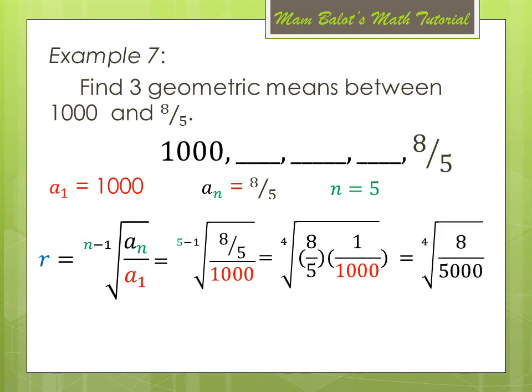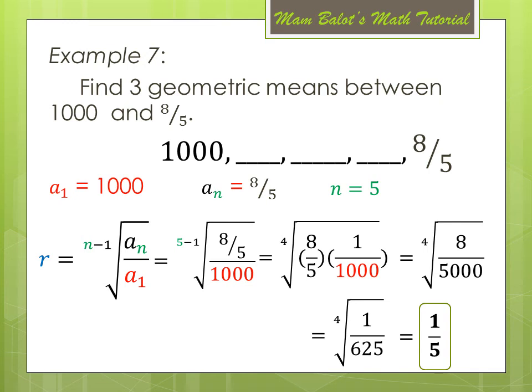So that becomes the fourth root of 8 over 5,000. And 8 over 5,000 can be reduced to 1 over 625. And the fourth root of 1 over 625 is 1 over 5. So the ratio of this sequence is 1 over 5.